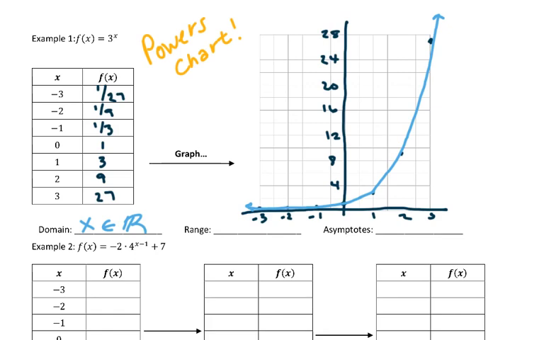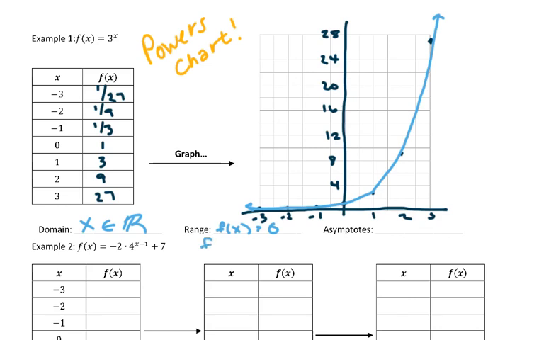Your range, your y value is here. We keep going up. You can see that it keeps going up. However, it does not keep going down. It's getting really, really close to zero. I mean, it does technically go down, but just by smaller and smaller amounts, it will get closer and closer to zero. It's never going to reach zero. So your range is f of x is going to be greater than 0.